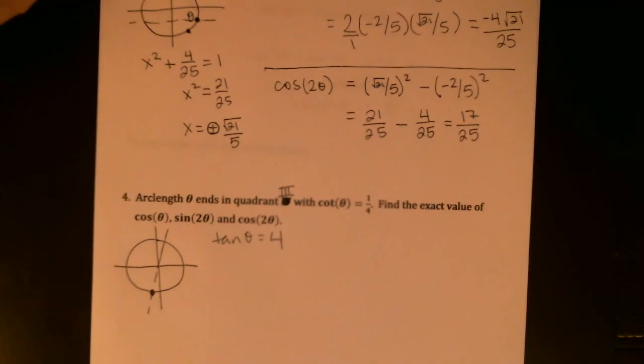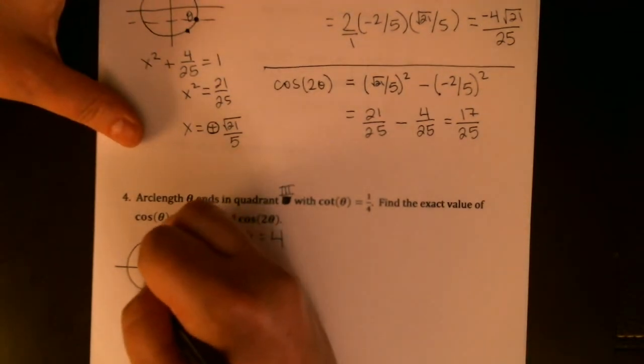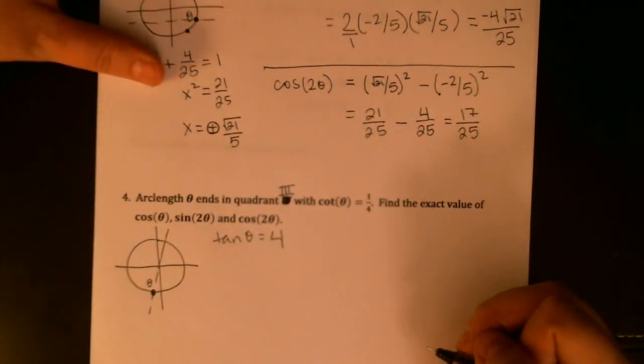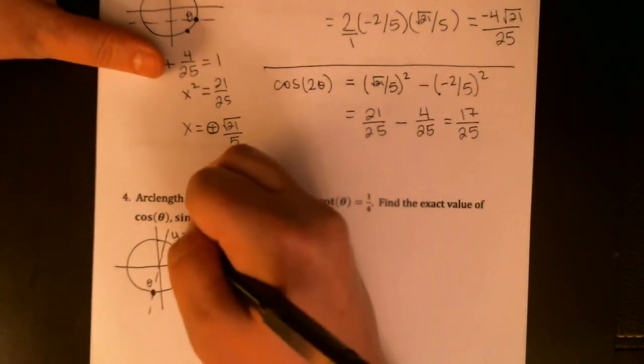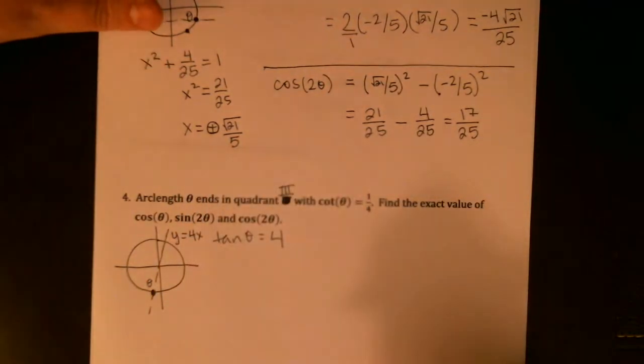Okay, so this is the end of arc length theta. This is just asking us for our x coordinate. And what we know is that our y is 4 times our x.